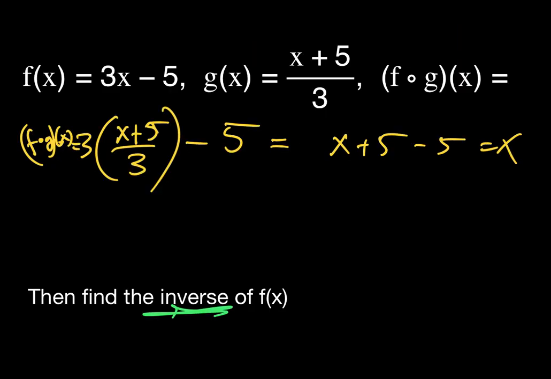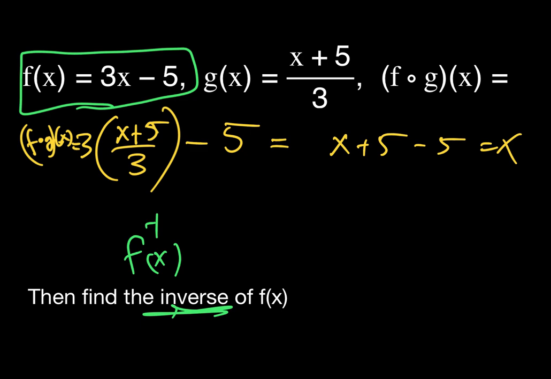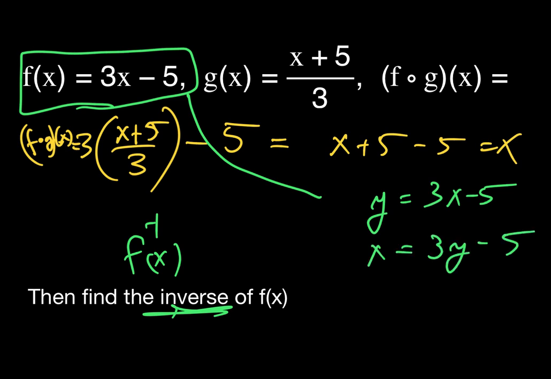How do we find inverse functions? Yep, that's f to the negative 1 of x is how we write the word inverse. But how do we find it? I need to find the inverse of this function. Then what? Correct, x equals 3y.